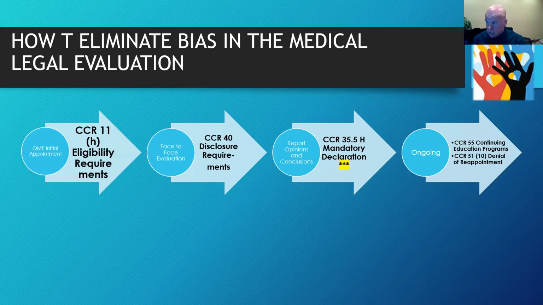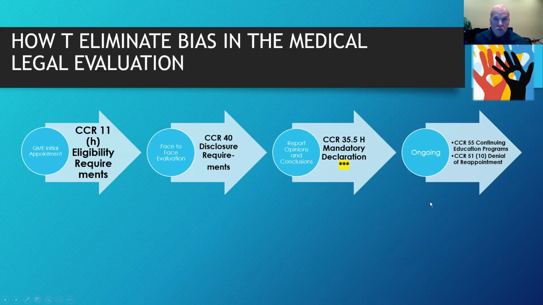And that language is written into this declaration. So the purpose of this declaration is to cause you to stop and think before you put your report in an envelope, and to confirm first to yourself and then to the parties by your signature that your report is indeed free from bias.